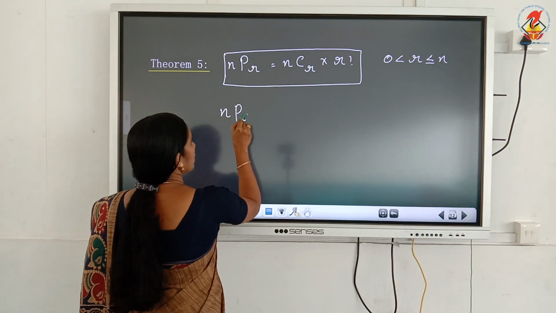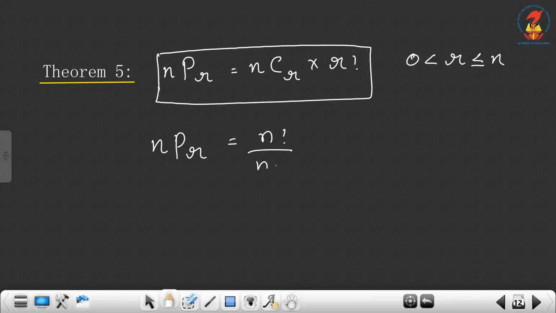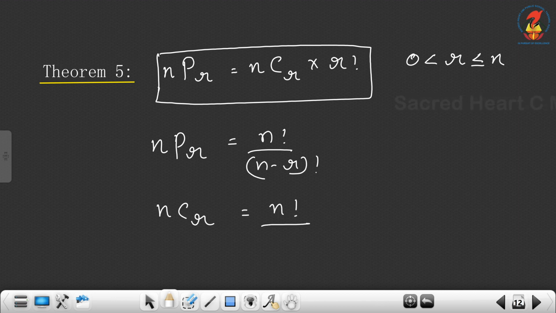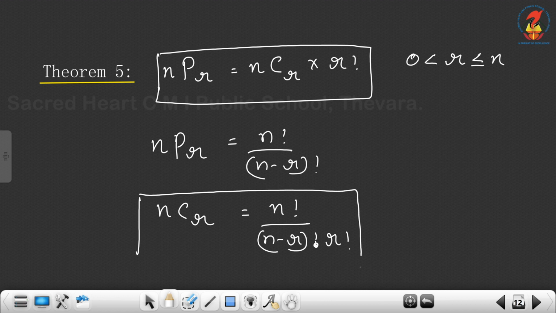And nPr is written as n factorial by (n minus r) factorial. Taking this r factorial to the left side, nCr is equal to n factorial by (n minus r) factorial into r factorial, where r is 0 less than r less than or equal to n.